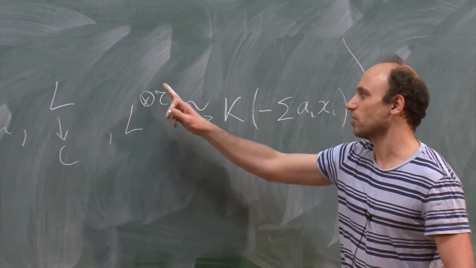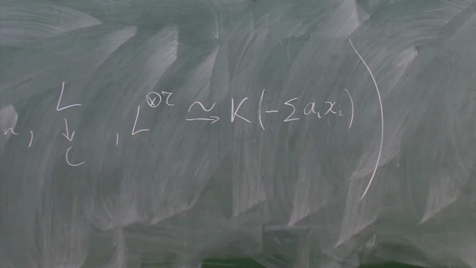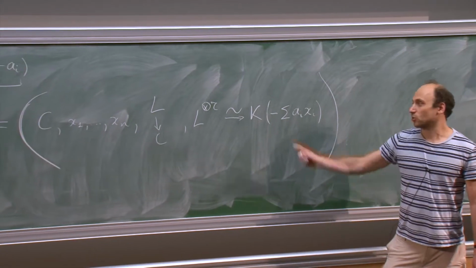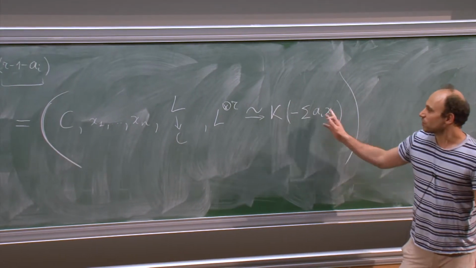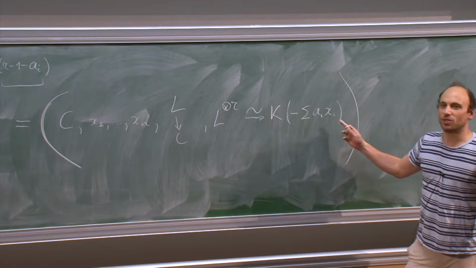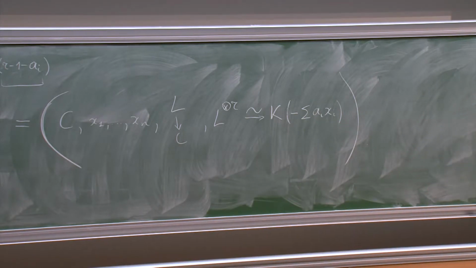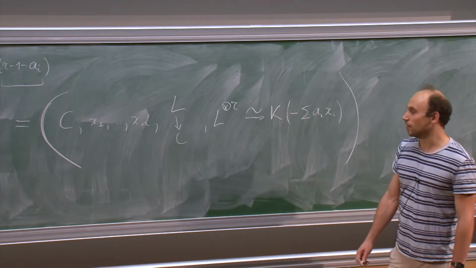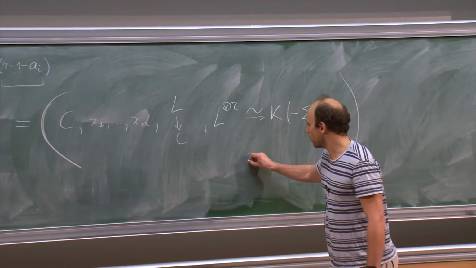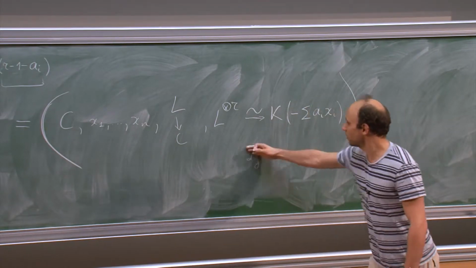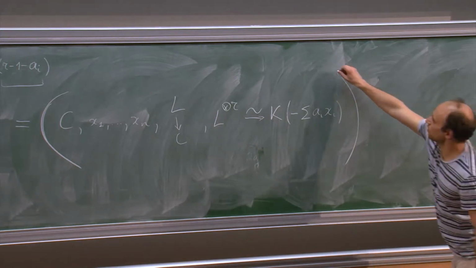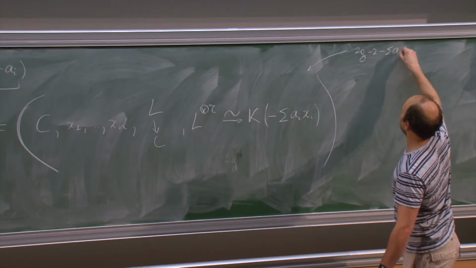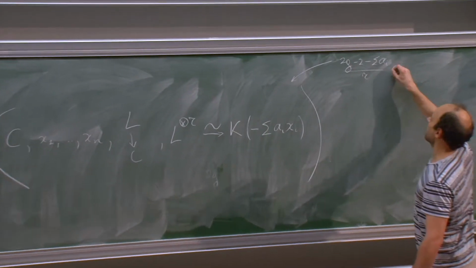So this thing is called an r-spin structure. Once again, an r-spin structure is an rth tensor root of the cotangent line bundle. So here I have the cotangent line bundle, I twisted by some divisor supported on the marked points, and then I take the rth root. And so the first Chern class of this line bundle is 2g minus 2 minus the sum of the ai, and it should be divisible by r.